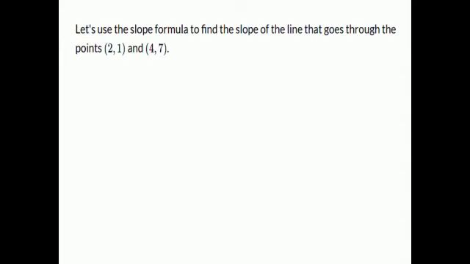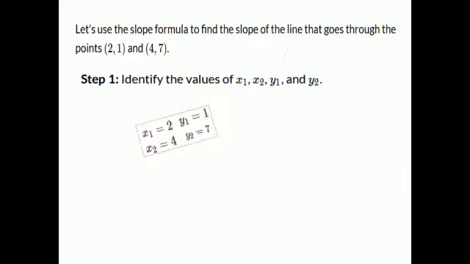Okay, so let's use the slope formula to find the slope of the line that goes through the points (2, 1) and (4, 7). Step number 1: identify the x values and y values. You have to write what x1, x2, y1, y2 are. The first value from the coordinate point is x.